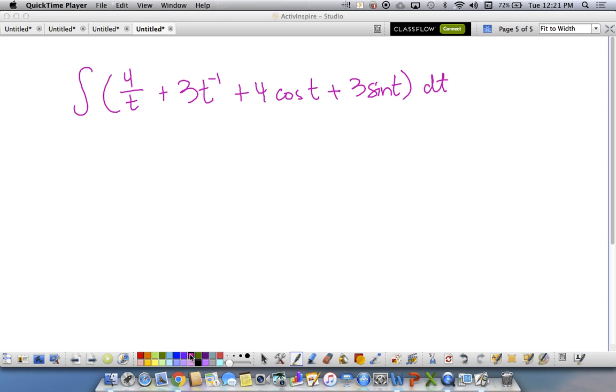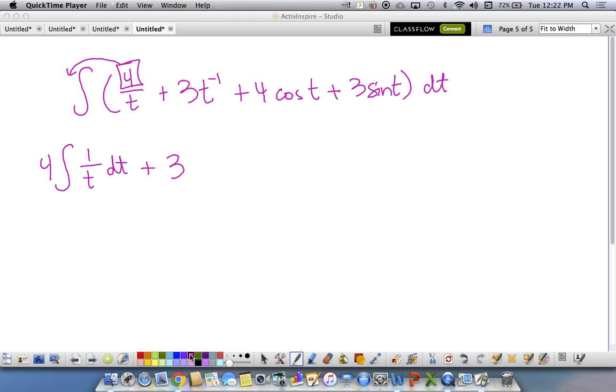Okay, so they are going to put this in a long line of summations and say, well, let's look at each one individually. Okay, so what's the integral of 4, because that 4 right there is a constant that I can pull out, okay? 4 of 1 over t dt. They might even write it as dt over t. Okay, I don't always like that, but they will write it like that sometimes.